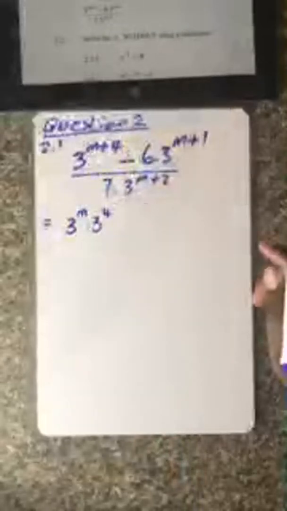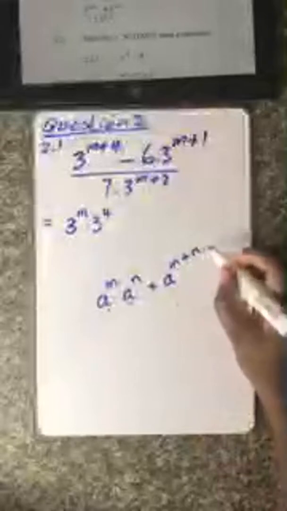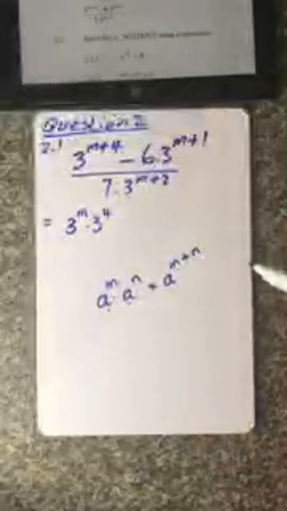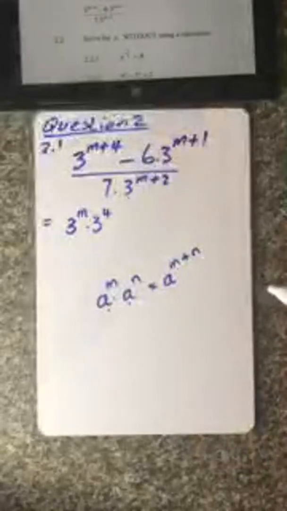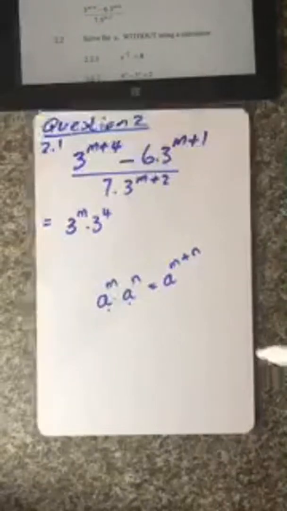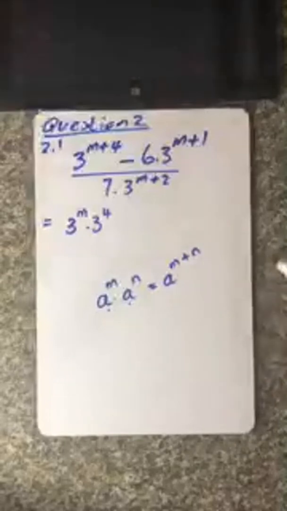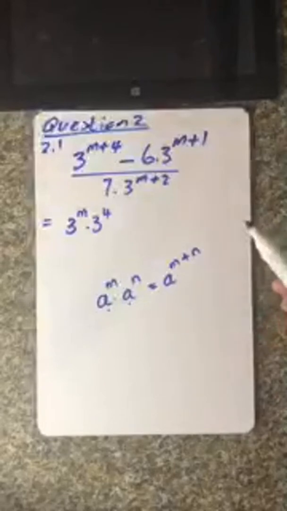Okay, so if you remember, guys, the same bases, you have a to the exponent m plus n. Ladies and gentlemen, if you remember on one of the lessons that I did, I was teaching you these basic rules. So this is where you apply those basic rules, where you simplify.